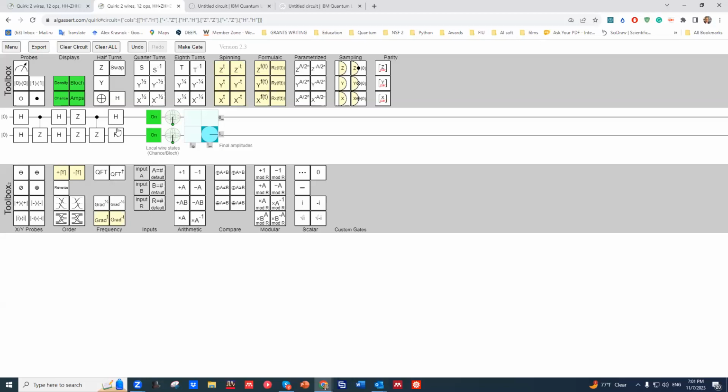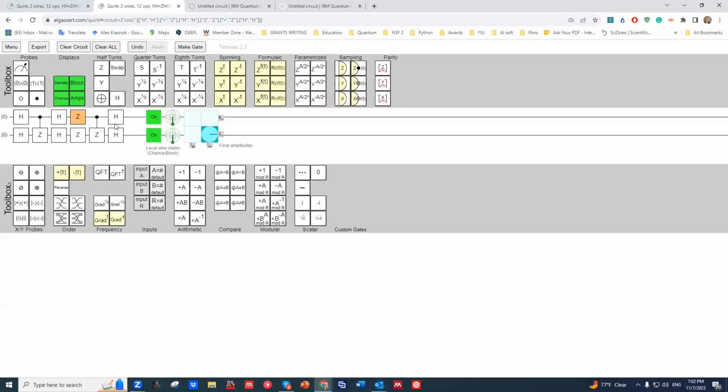Okay, then we design this amplification, the combination of Hadamards, then Z gates, then Control Z, and closing the Hadamard gates.